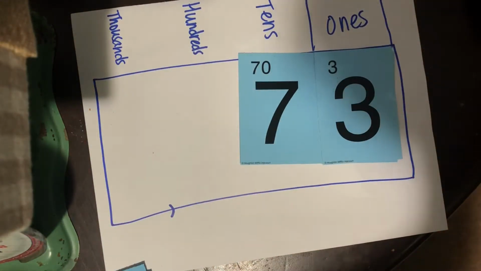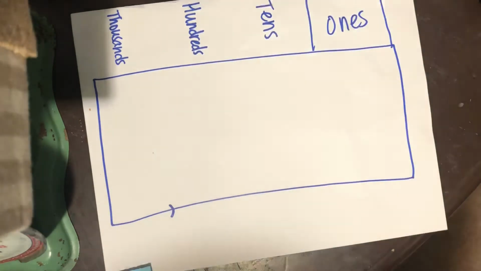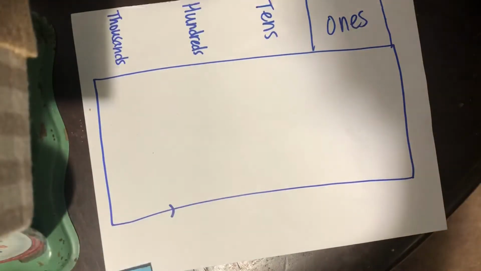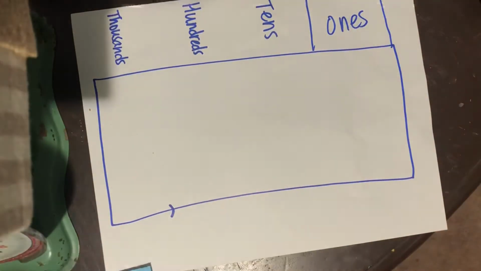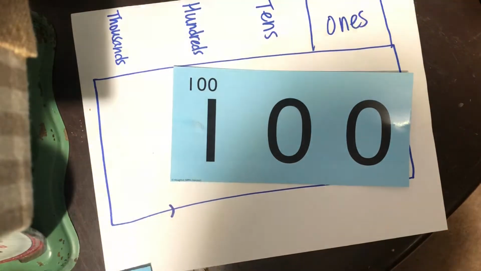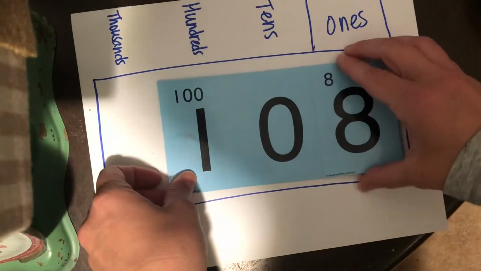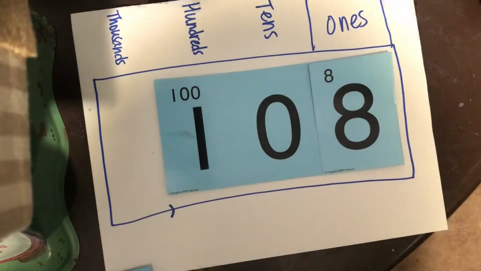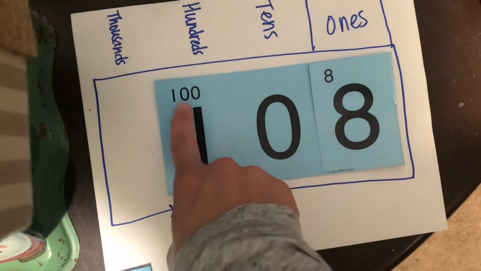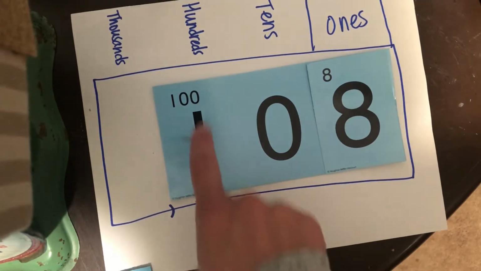I want to show you number 2 because it has a 0 as a digit, and I want to show you what you would do for that, okay? So number 2 is 108, so we want to make 108. 100 and 8. So 108. When I'm going to write that out in expanded form, I notice that I have 100 there telling me that I have 100s.